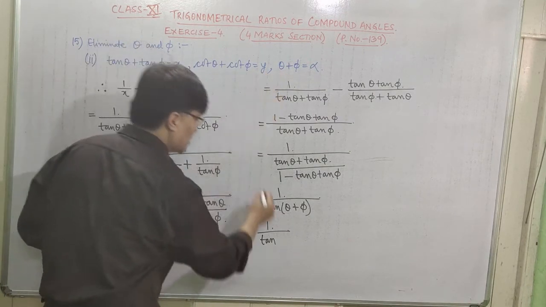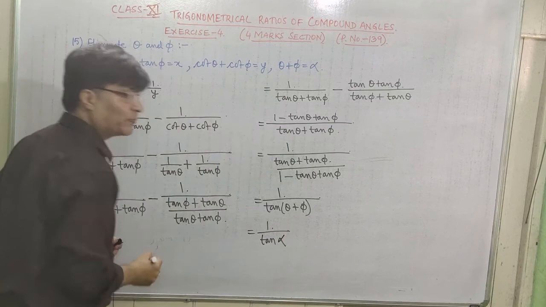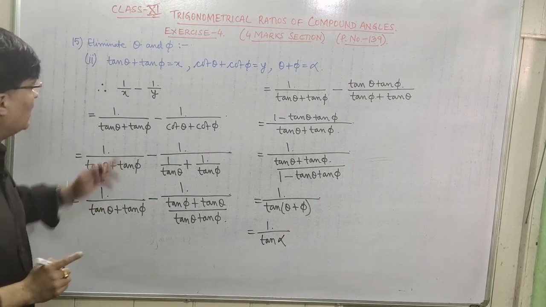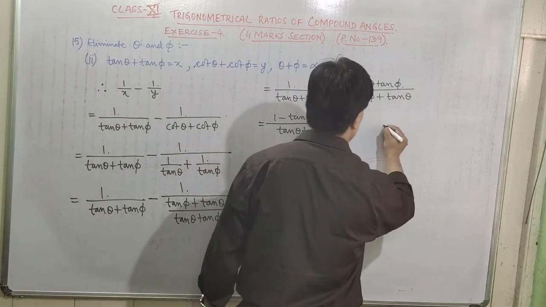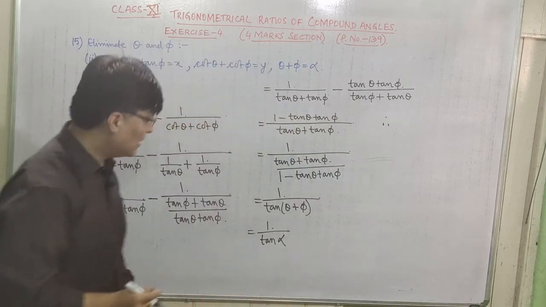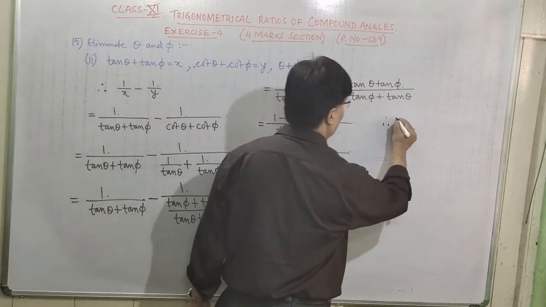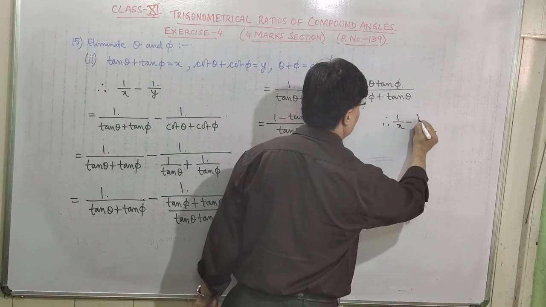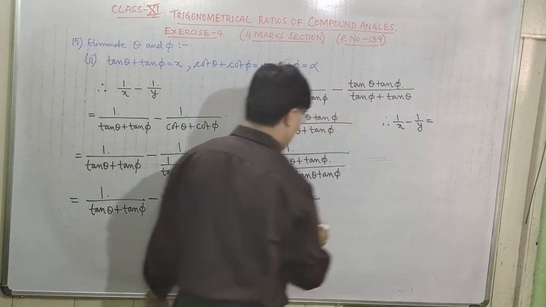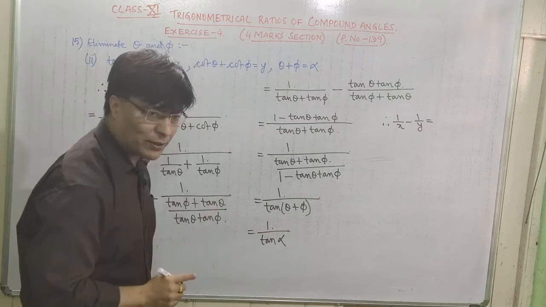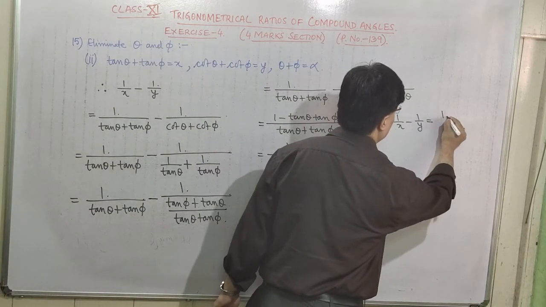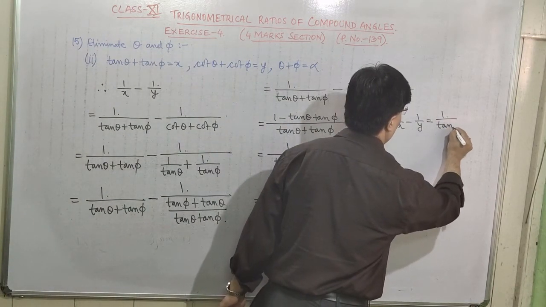From given, theta plus phi is alpha. That is 1 upon tan alpha. Okay. So now this 1 upon tan alpha is the value for what? This 1 upon tan alpha is the value for 1 upon x minus 1 upon y. 1 upon x minus 1 upon y is equal to 1 upon tan alpha.